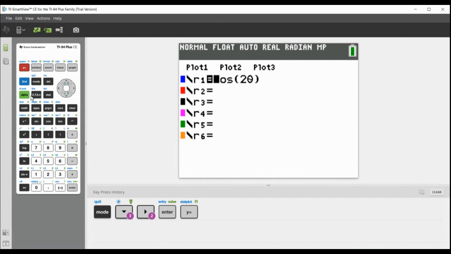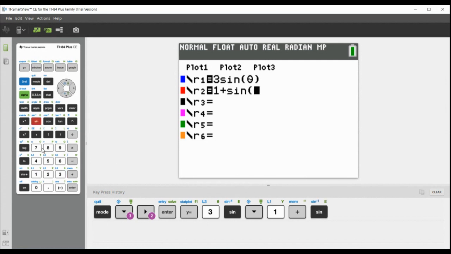So the first one is 3 times the sine of theta, and the next one is 1 plus the sine of theta. Okay, so I have my two polar graphs, and let me know if you have any questions.